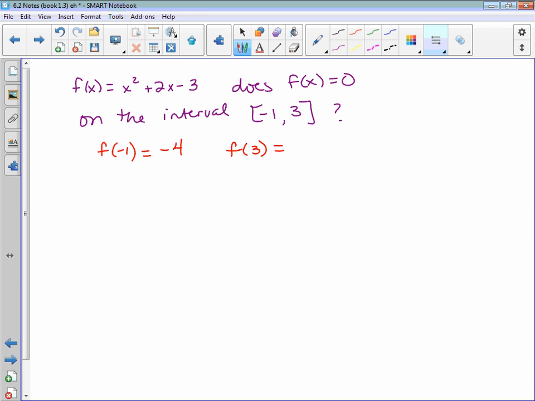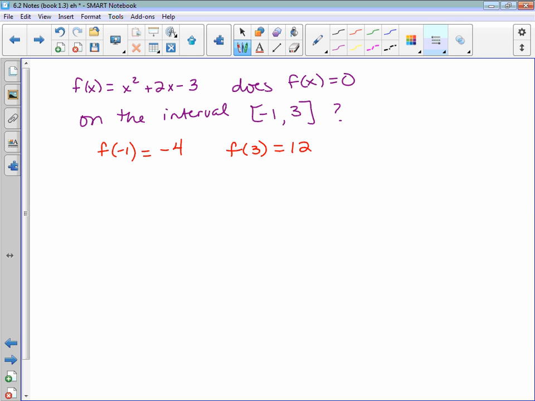And then if I plug a 3 in there, what do I get? 12. So close. So guys, what that is telling me is that my y values are going from a -4 to a +12. So is it going to equal 0 somewhere in between there? Yes. Okay, so we know that yes, it's going to exist. We now just have to show the process that it does exist.